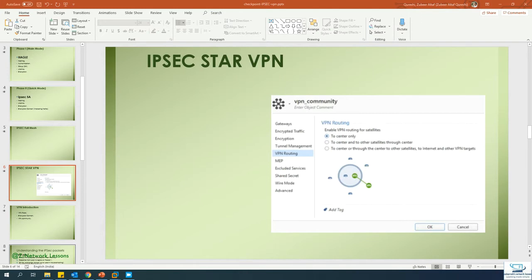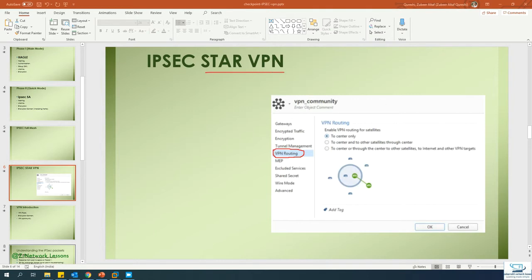The difference between IPsec full mesh and star is that inside star you can go with dynamic routing protocols, but inside your full mesh or your site to site you cannot. In fact, you don't have the option to select dynamic VPN routing. This is only available when you select the community as star.